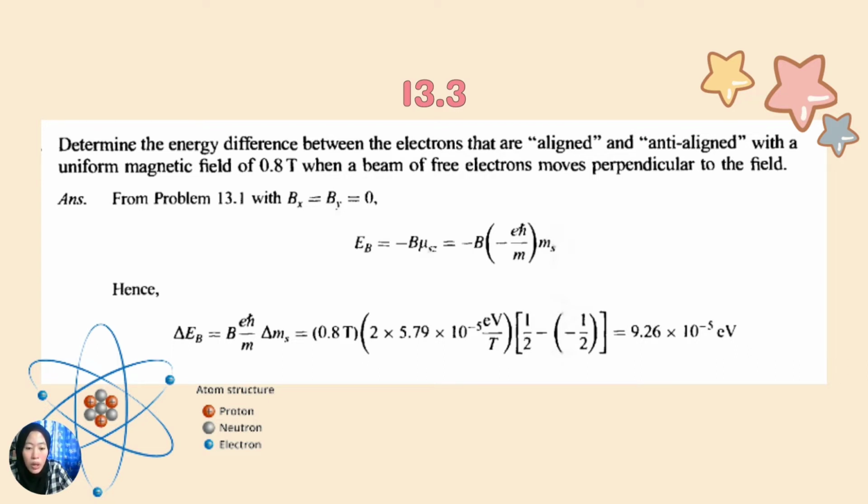We know that B equals 0.8 T, and e h bar over m is 5.79 times 10 to the power negative 5 eV per T, and delta m_s is 1 over 2 minus negative 1 over 2, which equals 9.26 times 10 to the power of negative 5 electron volts.